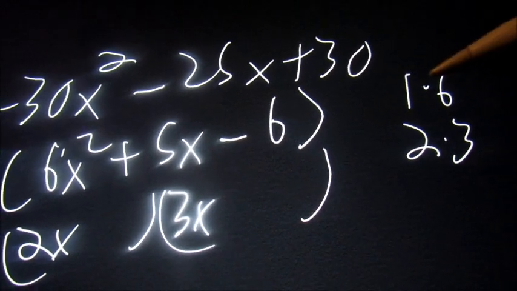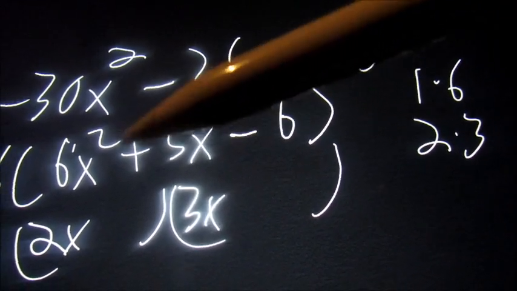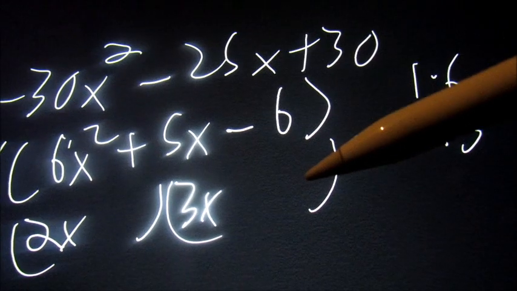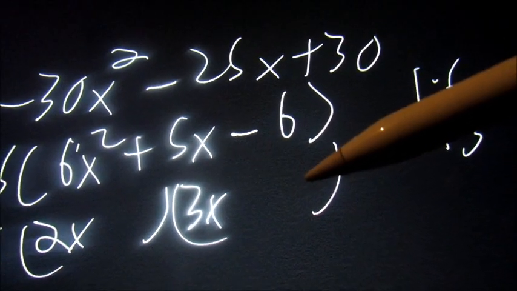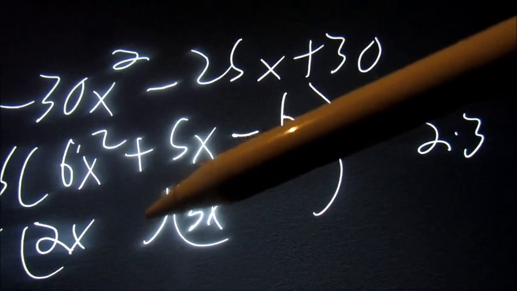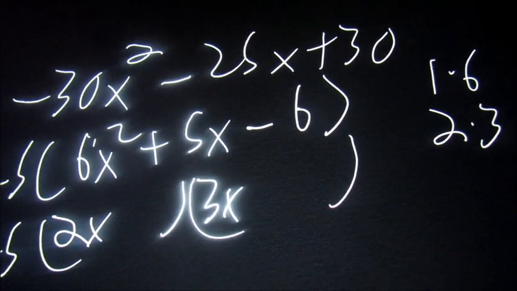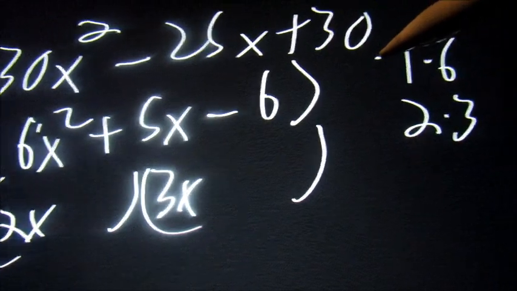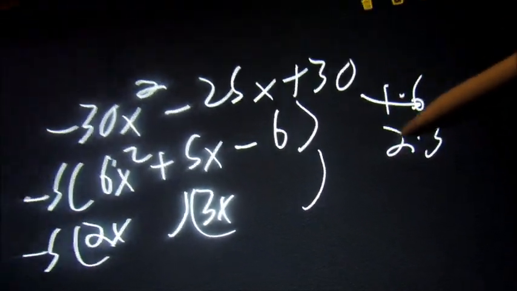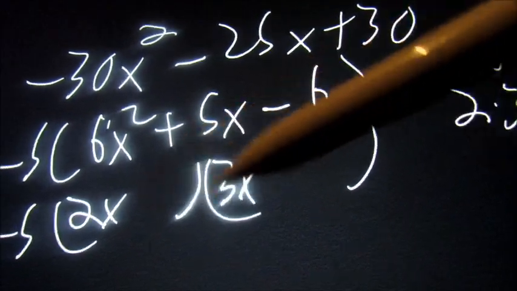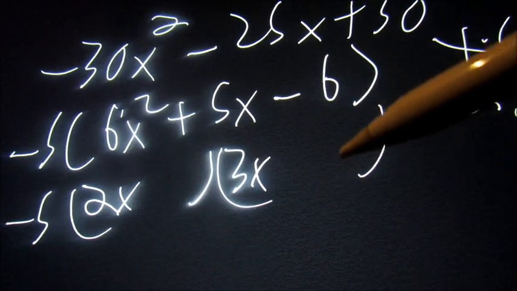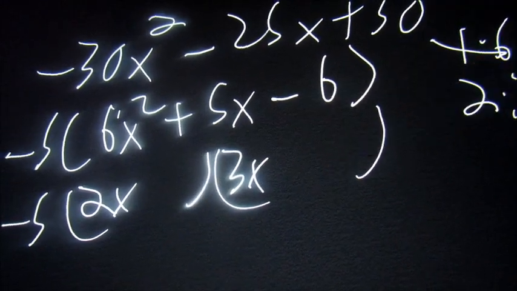Let's just look at the 1 and the 6. If we said 2 times 6, that would be 12, and then 3 times 1, that's just 3. 12 minus 3 doesn't equal 5. So we know that that's not going to be right. So we know that 2 and 3 are going to be in here, and it's either going to be 2 and 3 or 3 and 2.